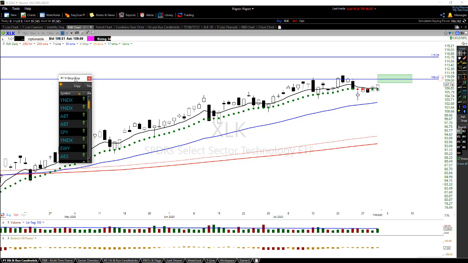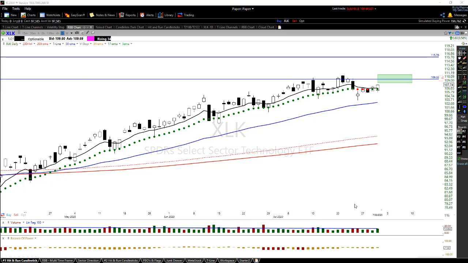So I may turn that into an intraday, or build another one real quick and give it an intraday. So I can watch for those intraday buys, like on charts like XLK. Target 115.75. That's not looking too shabby there.